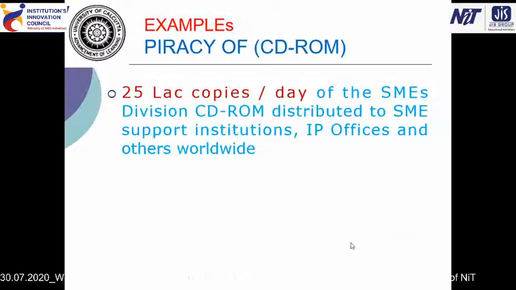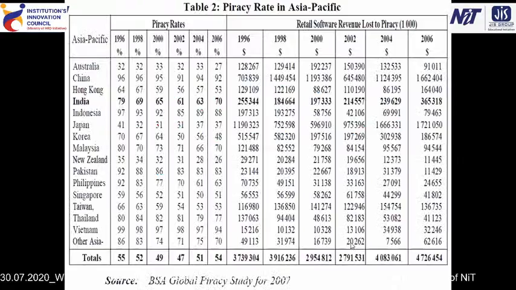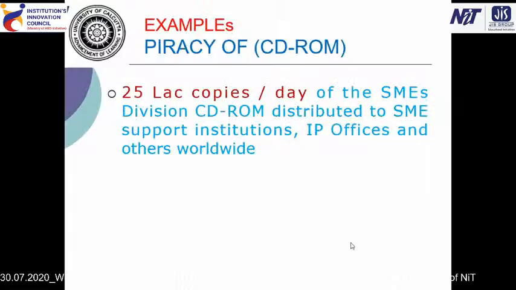This is an example: piracy of the CD-ROM. More than 25 lakh copies per day are made, in the small industry, among small and medium entrepreneurs. Diffusion has copied the CD-ROM, disruptive to SMEs, support institutions, IP intellectual property offices and others worldwide.